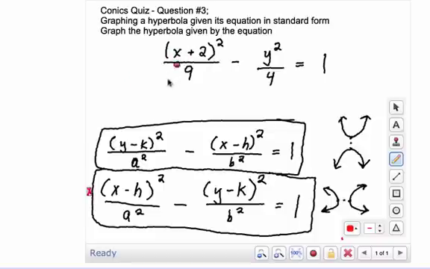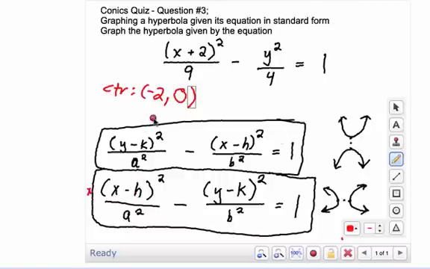Just like the equation for an ellipse, the center coordinate for the x value is going to be -2. And you can see that there's no value inside of the square besides the y, so that means it's going to be a 0. So you're going to graph -2, 0.